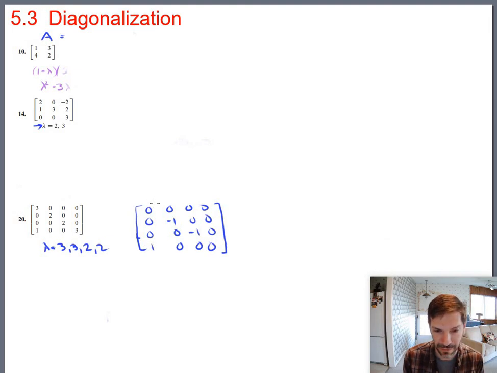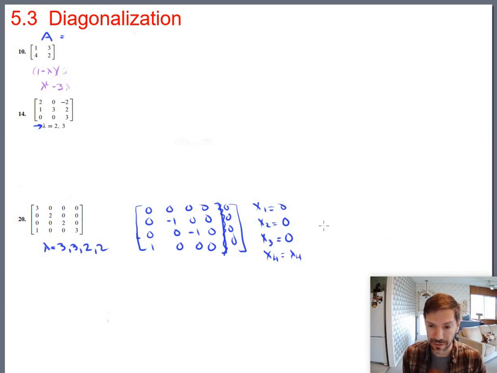So the bottom row, which I would flip up to be the top row, says that x1 equals 0, and the second row says negative x2. Sorry, we need to augment this. There are four variables. Negative x2 equals 0, so x2 equals 0. The third row says that x3 equals 0. X4 is a free variable.